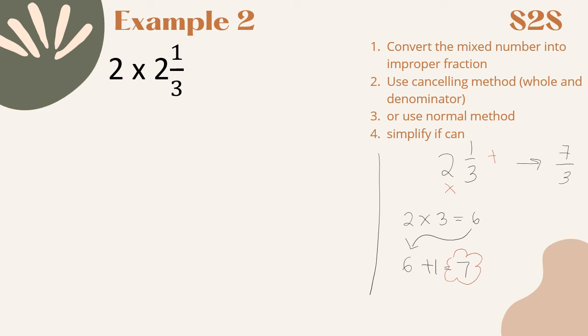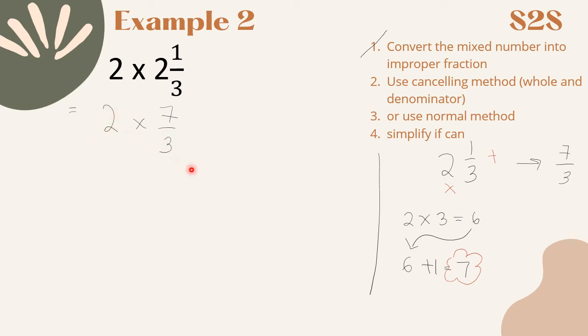So we have done step 1. Let's just bring everything down. So we have 2 times 7 out of 3. Step 2, use the cancelling method, where you deal with the whole and the denominator, or use the normal method. Now, sometimes the cancelling method does not apply, because let's focus on the whole and the denominator here.